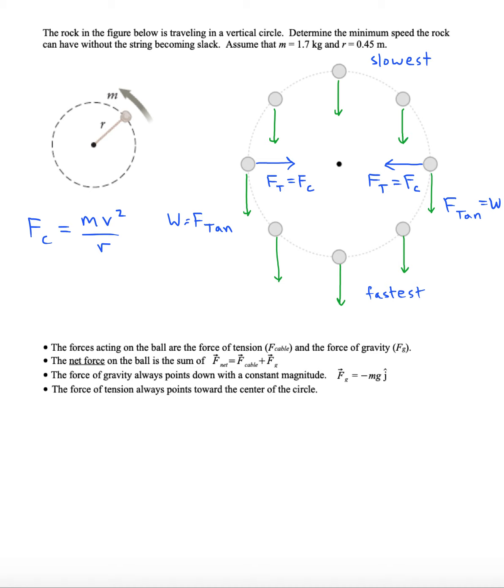All right, so what happens at the peak? At the peak, we want the string to go almost slack, to the point of being slack, where it doesn't really have to exert a force, and we can let the weight of the object take over as the centripetal force.